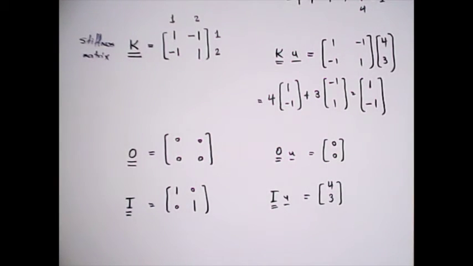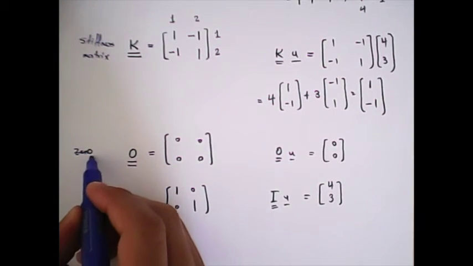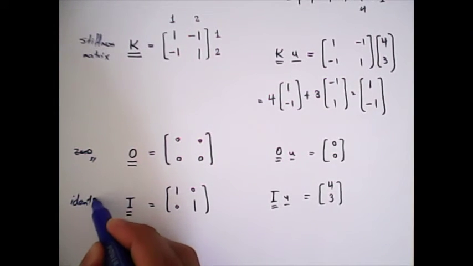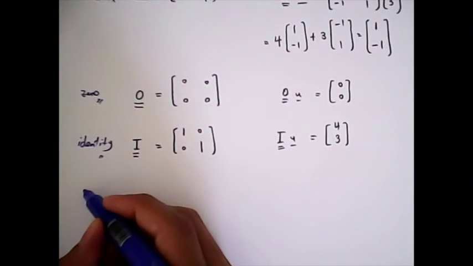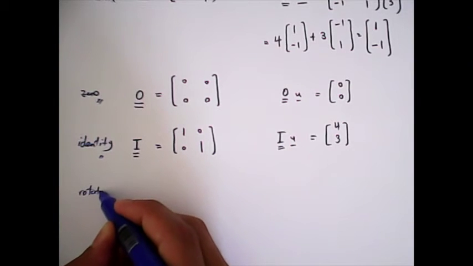There is another special matrix which is called, by the way, let me write the names down here. So this is the 0 matrix, this is the identity matrix, and there is another matrix which we're going to call the rotation matrix.